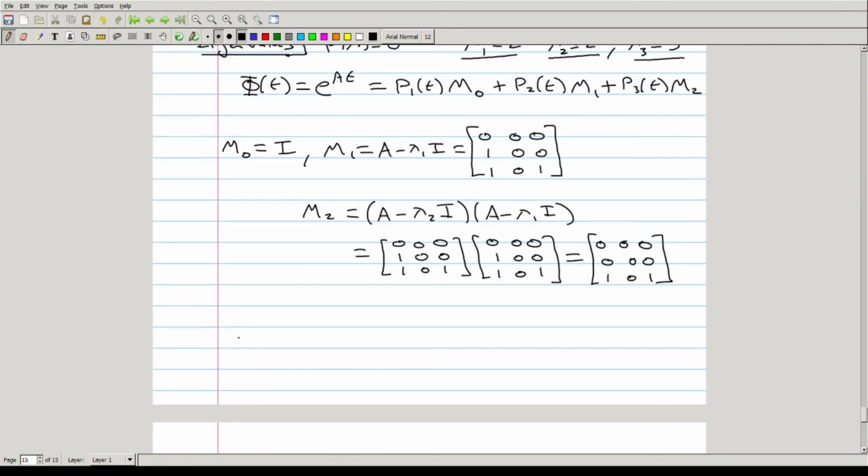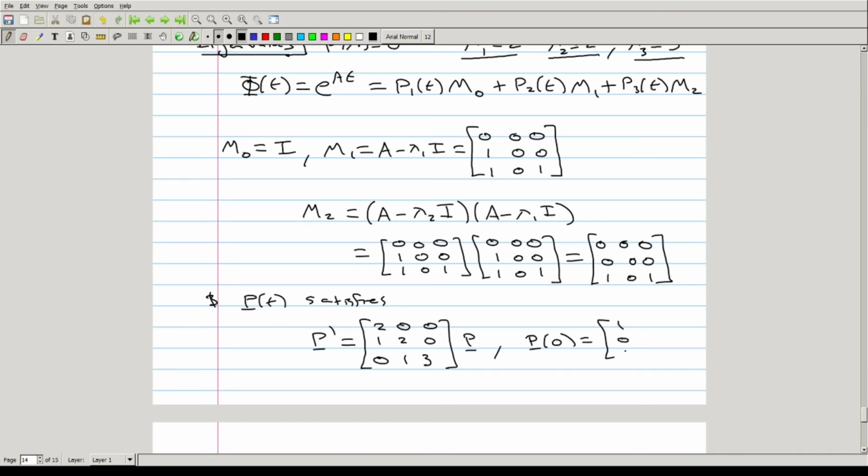And P satisfies the IVP. P prime is equal to 2, 2, 3, 0, 0, 0, 1, 1, 0 times P, with the initial condition of 1, 0, 0.